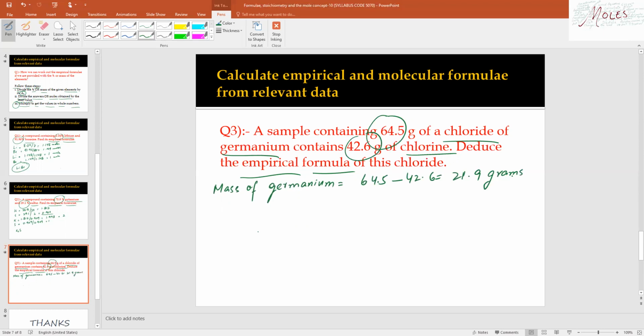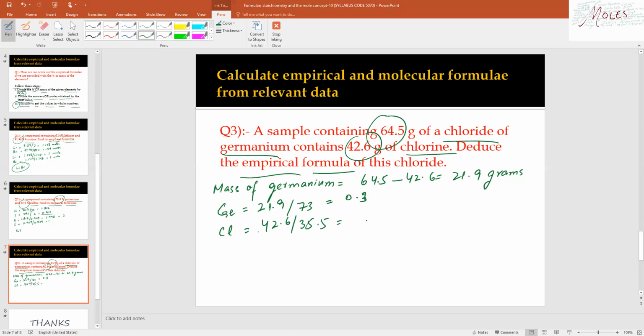Now let's continue with the usual steps. That is, first we will divide the masses by the AR of these elements. For Ge, 21.9 will be divided by 73. We will obtain 0.3. In case of chlorine, we will divide 42.6 by 35.5.